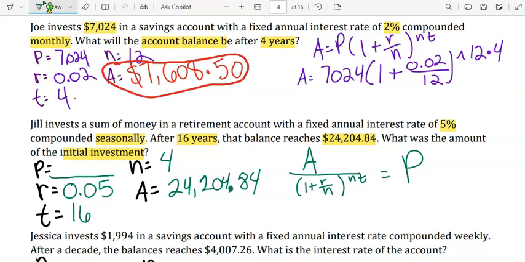Okay, we'll plug in all of our values and then approximate it. 24,204.84 divided by 1 plus 0.05 over 4 to the 4 times 16 power.